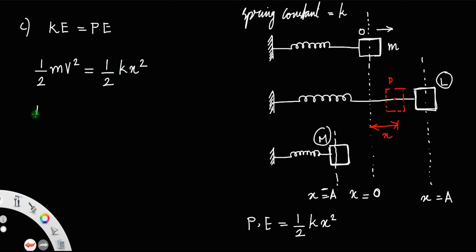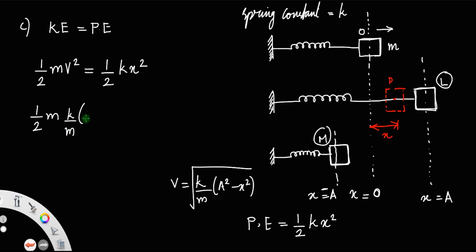We also know v is equal to root of k by m times a square minus x square. Clear? So v square will be k by m times a square minus x square.